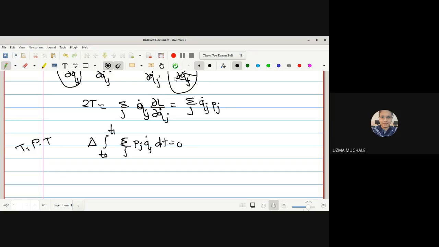So if I want to prove that this is equal to 0, for that we will consider the figure that I drew in the last lecture for you. What was the figure?